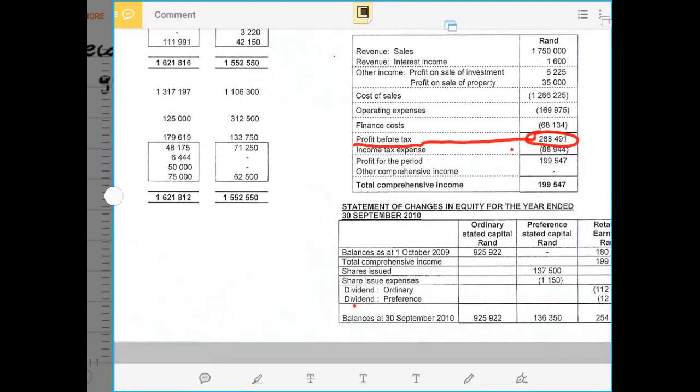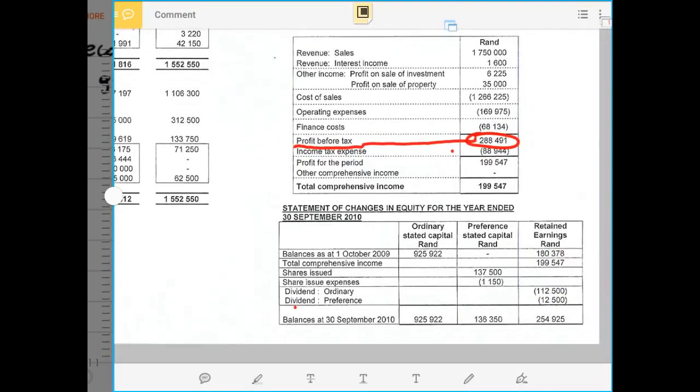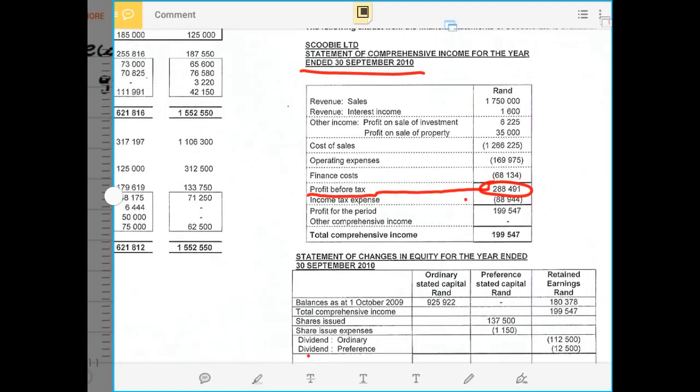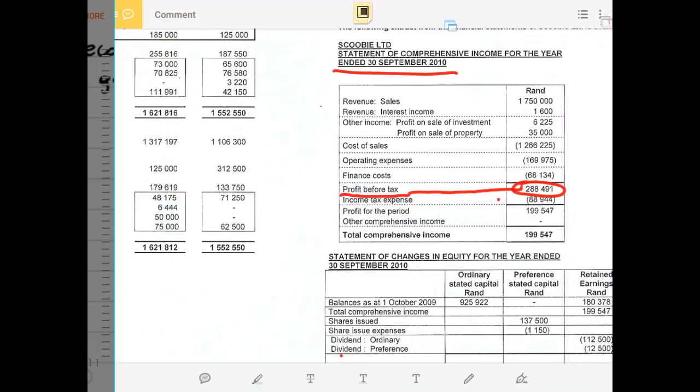And also take note that after the income statement, we have the statement of changes in equity. And that statement of changes in equity will also be taken into account when we do the cash flow statement. Now let us do the reconciliation note, where we start with the profit before taxation.